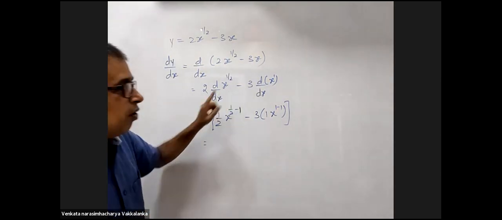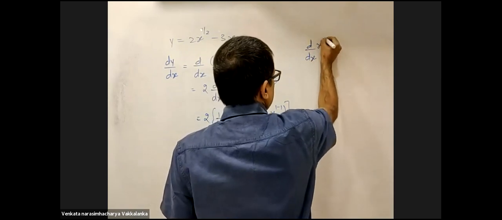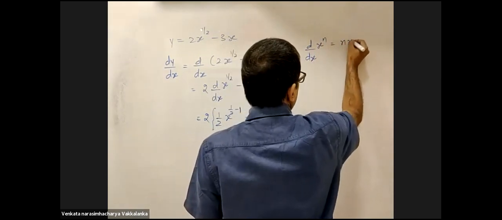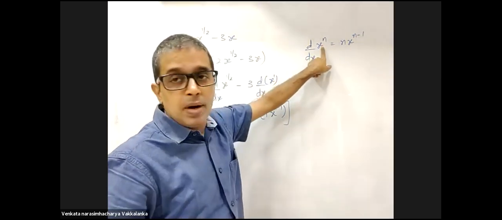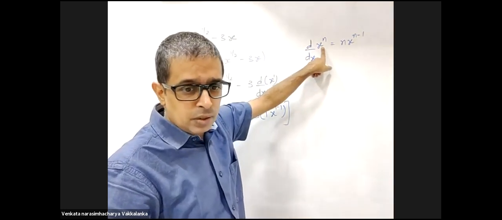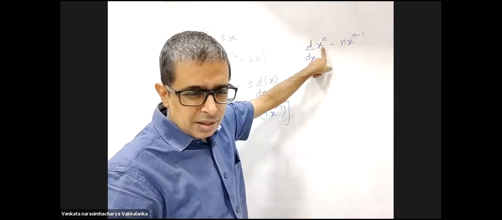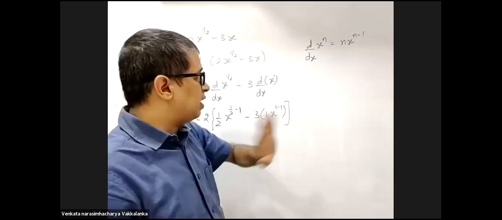I used the formula d by dx of x to the power n is n x to the power n minus 1. In the previous step, the bracket should be... Yes, sir, you have taken the bracket for the two whole, won't be equation. Okay, wait, I'll make the correction.